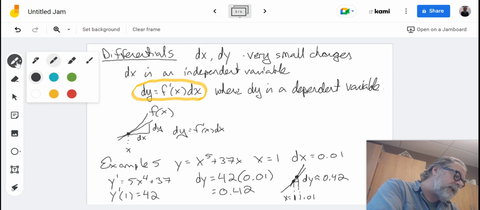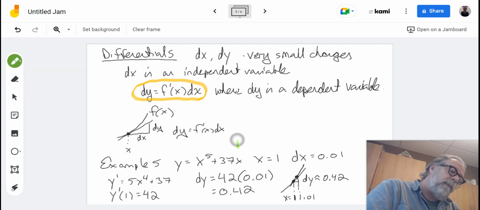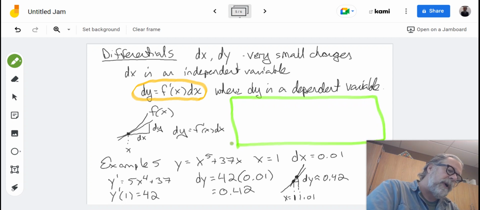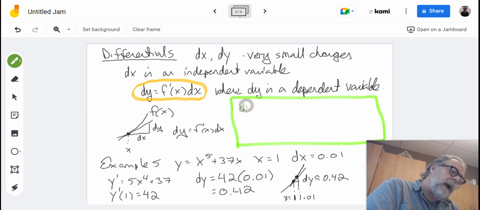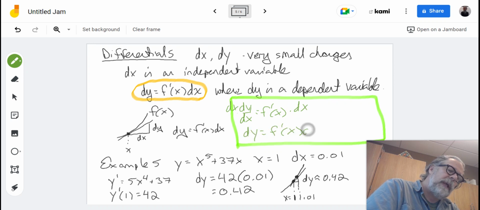Last thing perhaps to keep in mind is that you can speed up the process if you think of this as dy dx equals f prime of x, multiply both sides by dx, and therefore dy is equal to f prime of x dx.